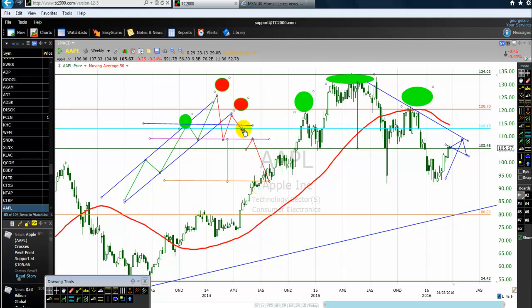It will be fully completed only, repeat, only when the price finds a resistance below the neckline.